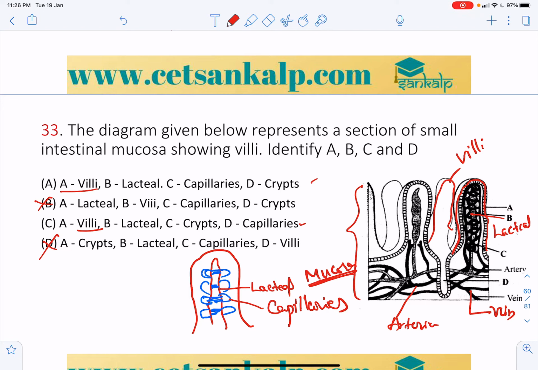And D represents, as I've already mentioned, the intestinal glands in this region, which are called crypts, also called crypts of Lieberkühn. So the answer is: A is villi, B is lacteal, C is capillary, D is crypts. That is, the answer is A.